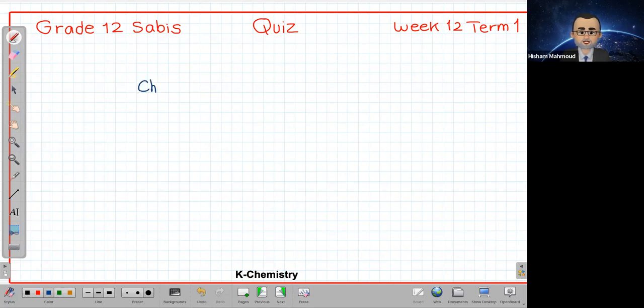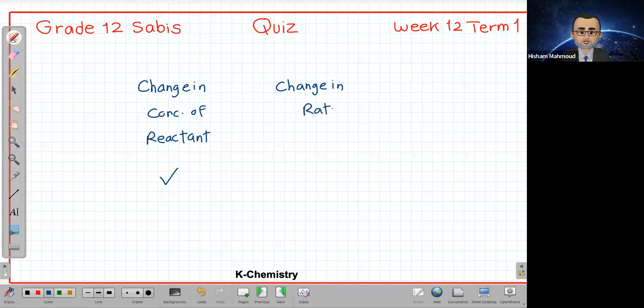If the change in concentration of a certain reactant does not cause any change in the rate of the reaction, then I'm going to say that it is zero order. Zero order means it made no effect, no change on the rate of the reaction. This is my first option.